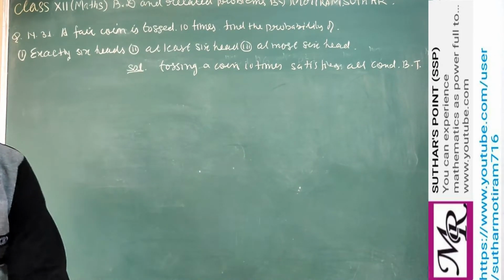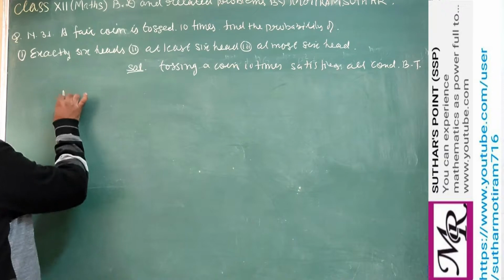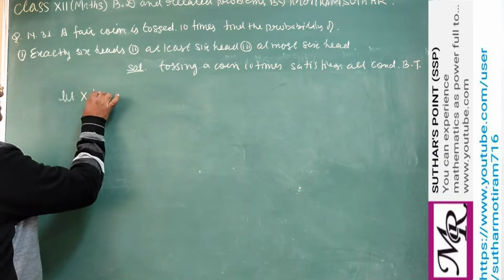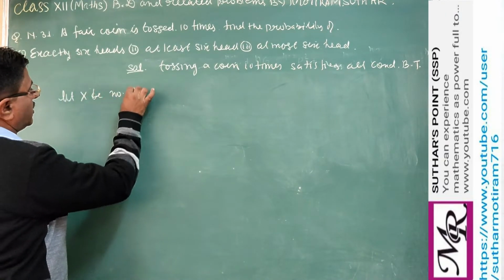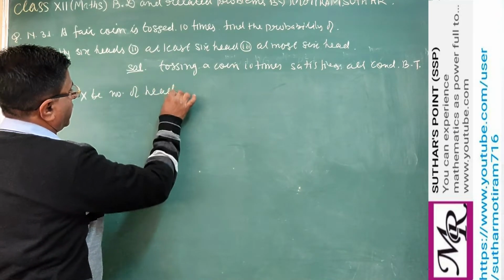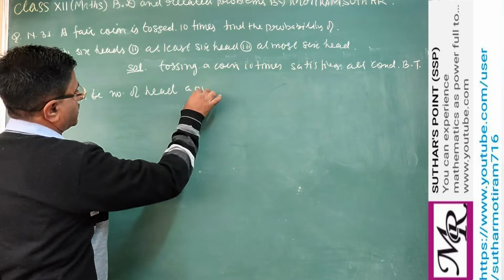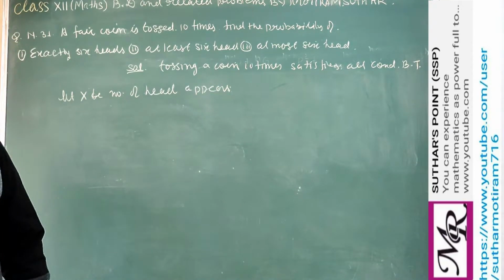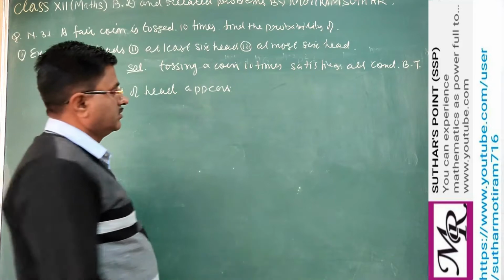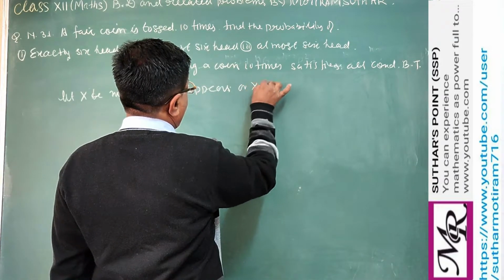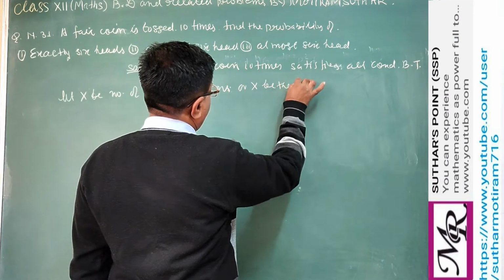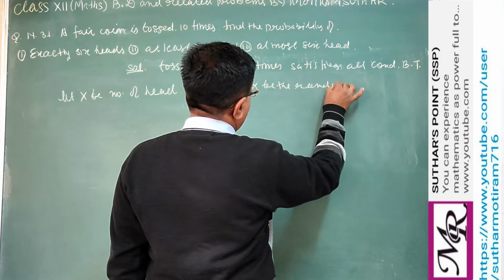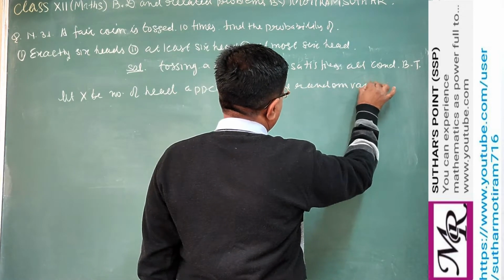So let capital X be the number of heads that appear, or X is a random variable.